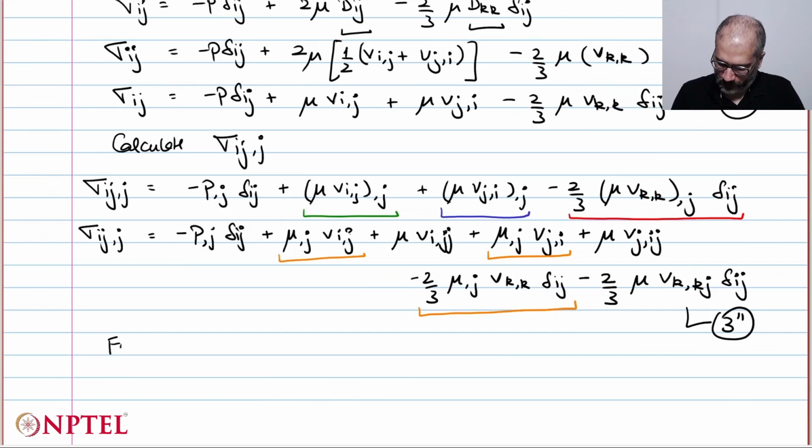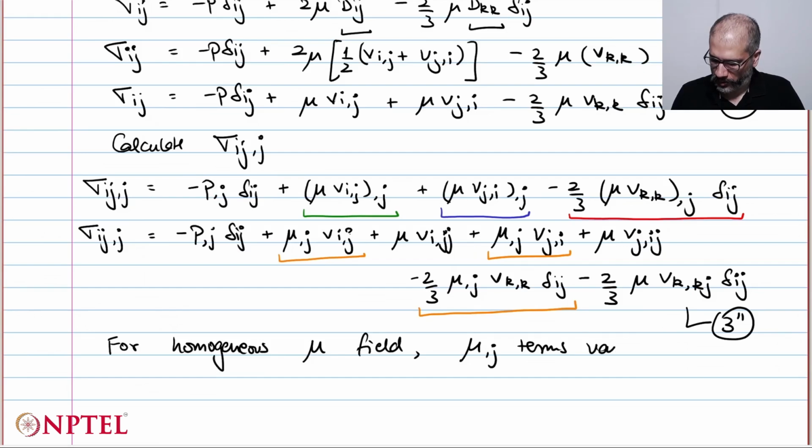So let's say for homogeneous viscosity field, mu comma j terms vanish, because mu is not a function of space anymore. So if you differentiate mu with respect to small x j, that comes out to be 0. Of course, this is an assumption we are taking just to simplify the work and proceed.